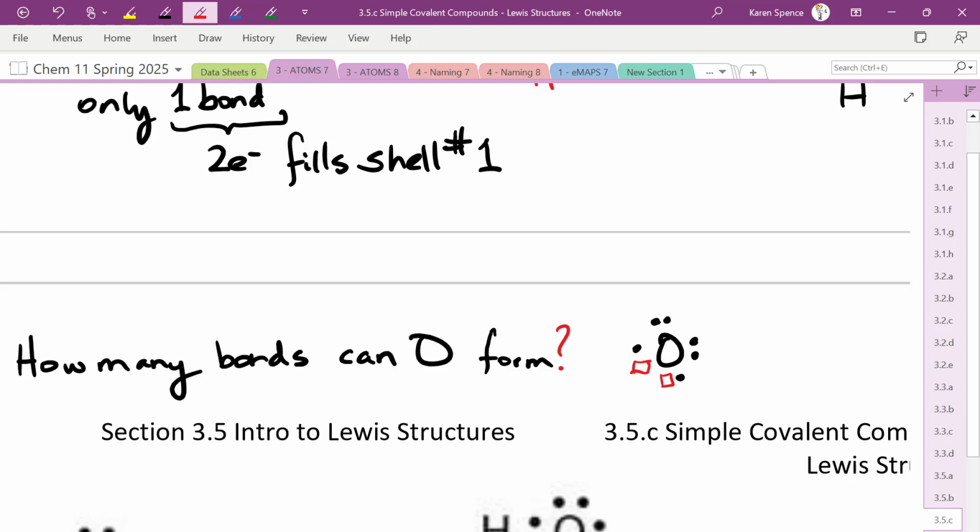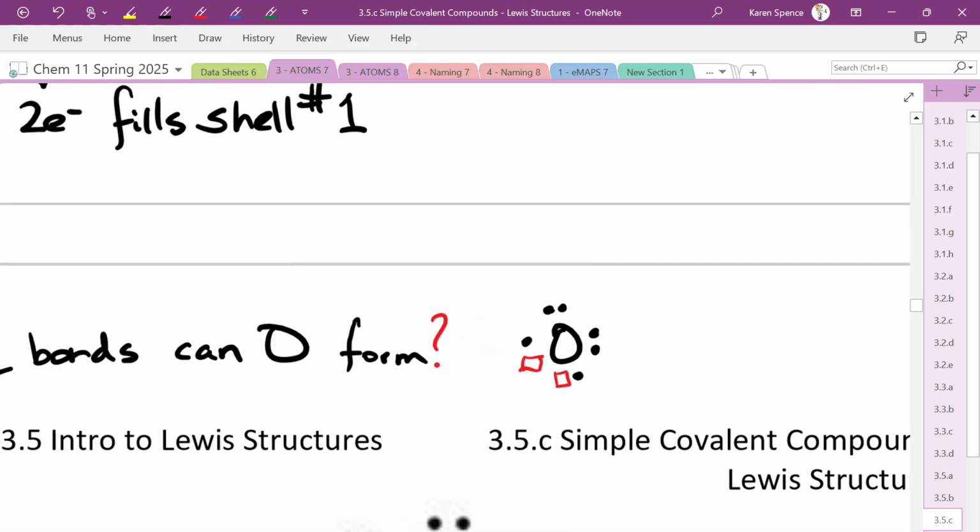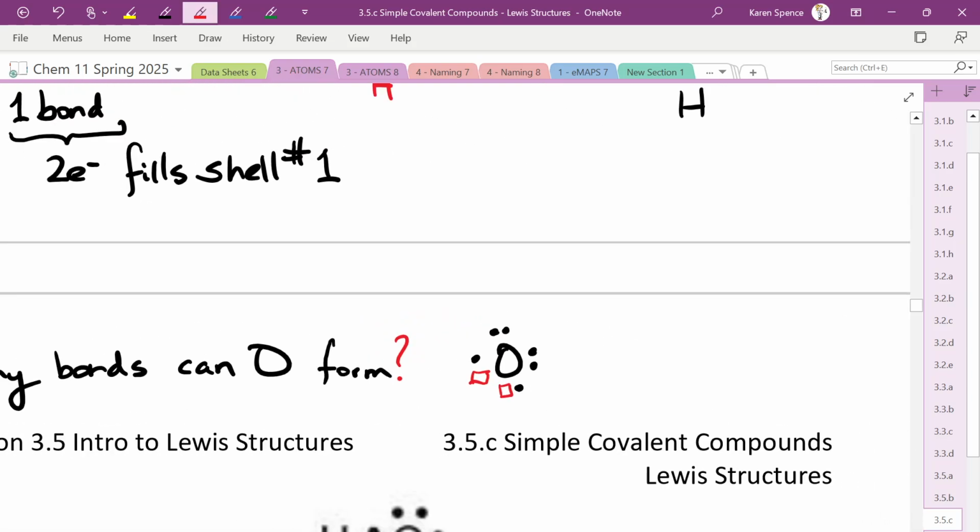What's happening? How many bonds can this oxygen form? How many will fill up its outer shell? 2 bonds, right? Because we could have a bond with, say, a hydrogen here and another bond with, say, a hydrogen here. Remember, the electrons in between, that is a bond.